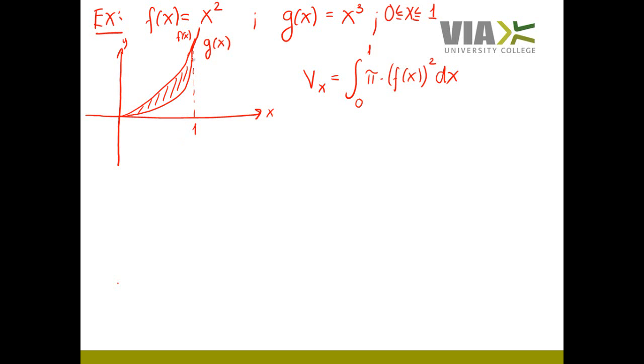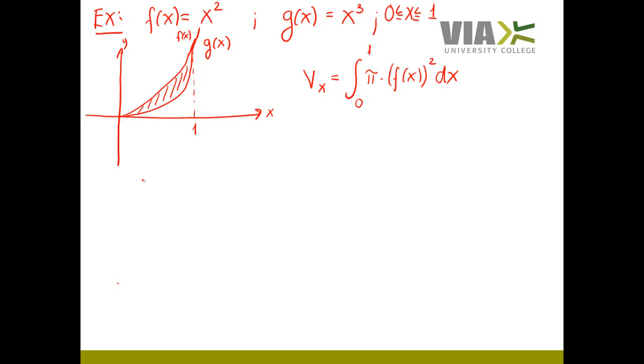And if you at the same time rotate the lower function in the interval, which is g(x) here, 360 degrees about the x-axis, then you will get another volume. And if you subtract the volume you get when rotating the lower function g(x) from the volume you get when you rotate the upper function f(x), then you hopefully can see that what you will have left will be the volume exactly equal to rotating this piece 360 degrees about the x-axis.